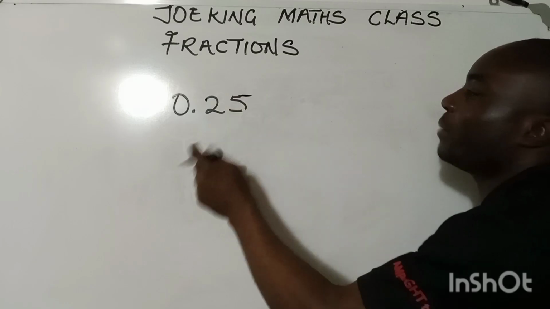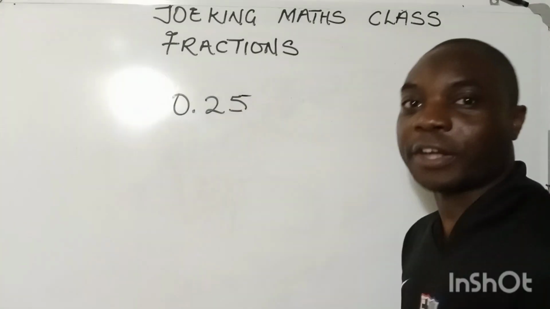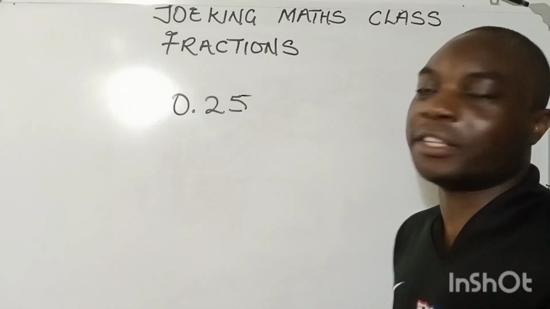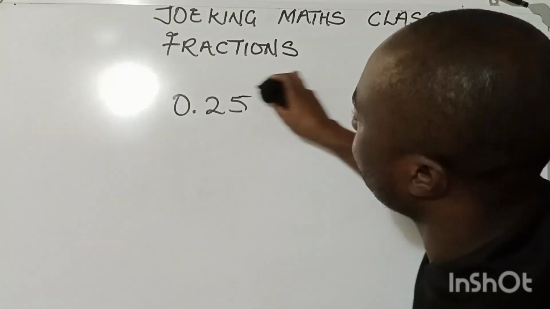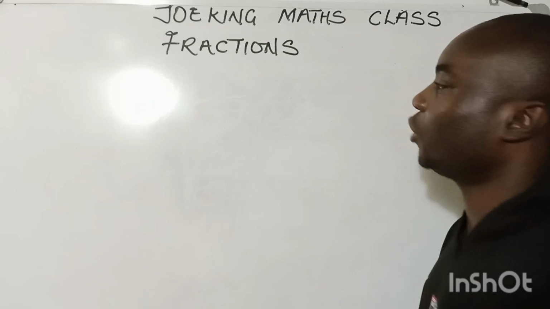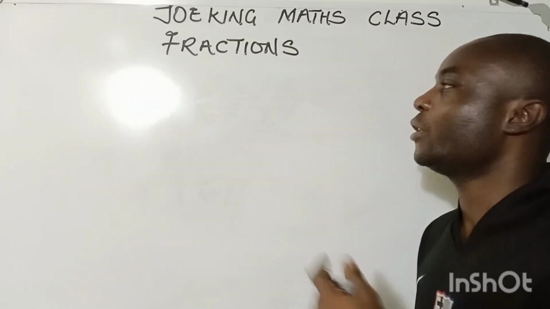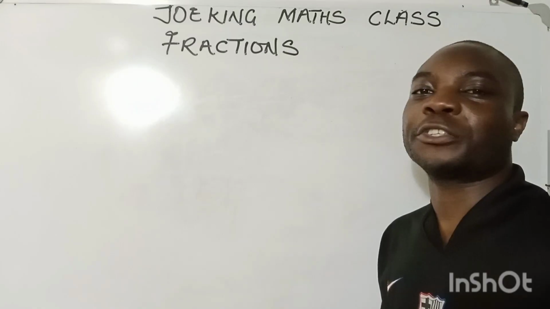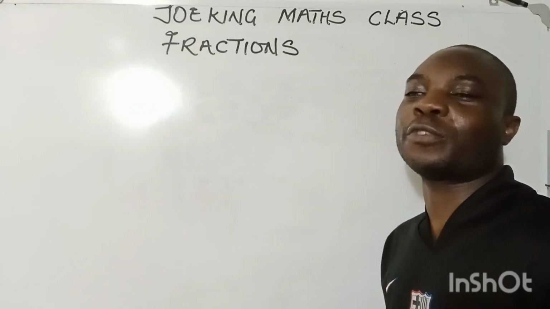Why? Because this can be converted to a fraction. All right. So in the course of this video, I'll teach you how to convert these to a fraction. And also, if you check my previous videos, I have videos that I've taught on how to change from decimal numbers to fractions.